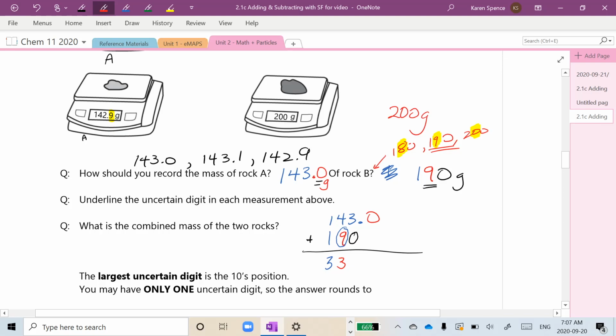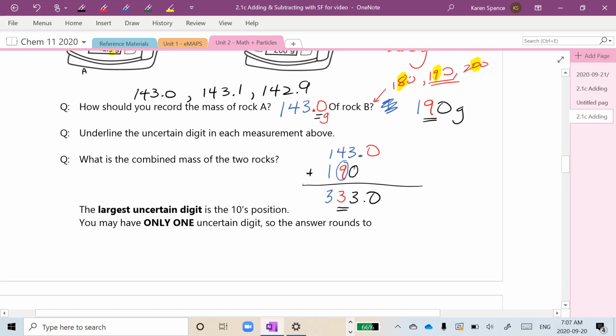So that's 333.0, but you'll notice we have our uncertain digit right there. And that's our largest uncertain digit. It's in the tens position, and we can have only one uncertain digit. So our answer has to round to that digit right there. So that would then be 330.